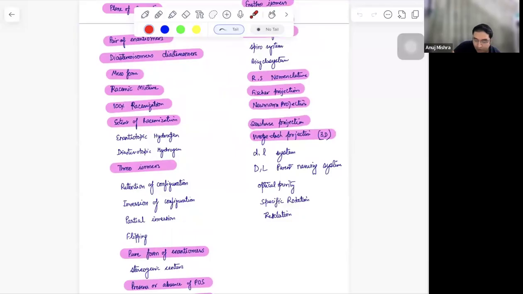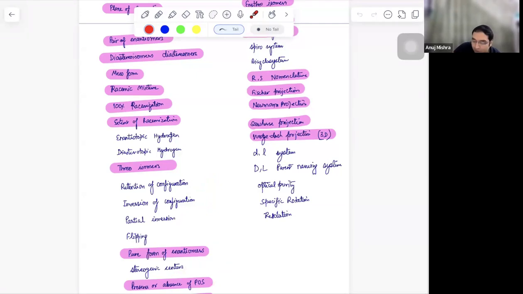Racemic mixture, mesoform, 100% racemization. Extent of racemization, enantiotopic hydrogen, diastereotopic hydrogen, 3 isomers. Retention of configuration, inversion, partial flipping, pure form, stereogenic centers.